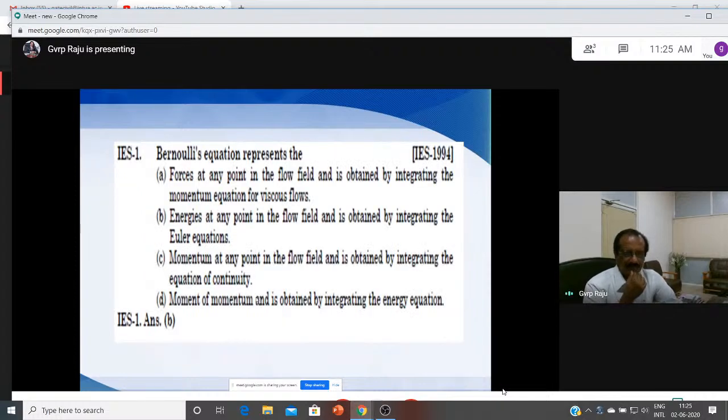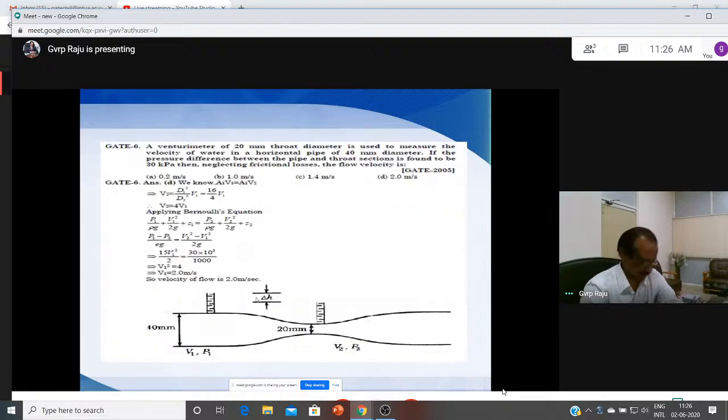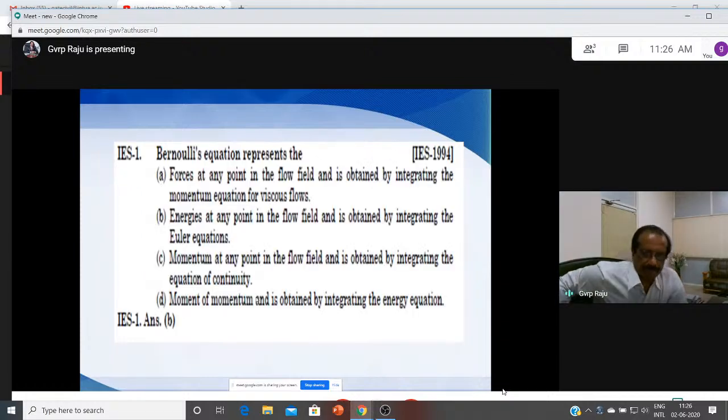Then this is Bernoulli's equation. Bernoulli's equation represents, by definition itself, energy, not the force, not the momentum, not the moment of momentum.